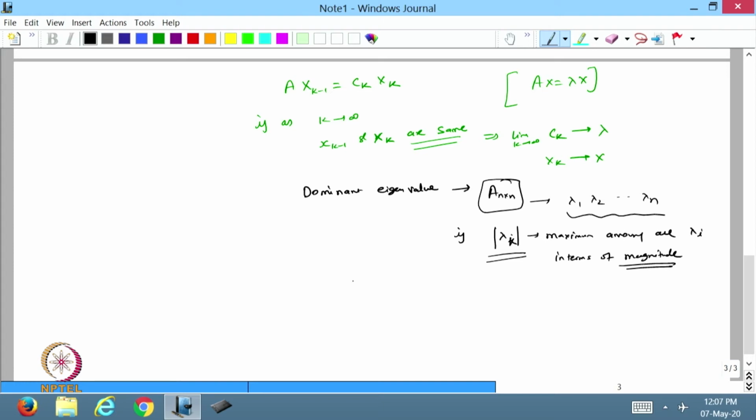Then the eigenvector, that is xk, corresponding to lambda k is called the dominant eigenvector. So, that is called the dominant eigenvector.